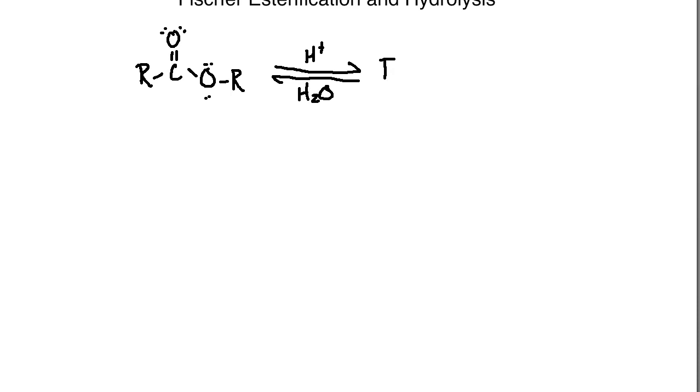So I start with the ester, let's say the one that I just formed. If I would like to take this ester back to the carboxylic acid form, I would need H plus and H2O. And then that would lead to R, C double bond O, OH.